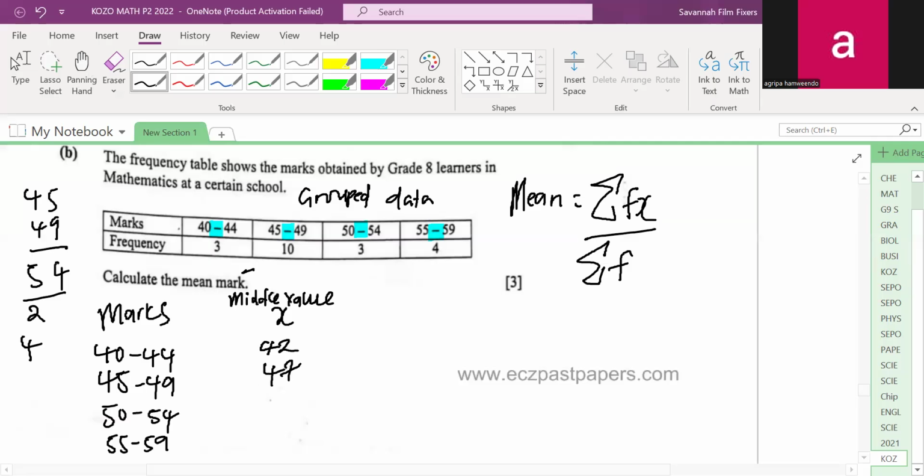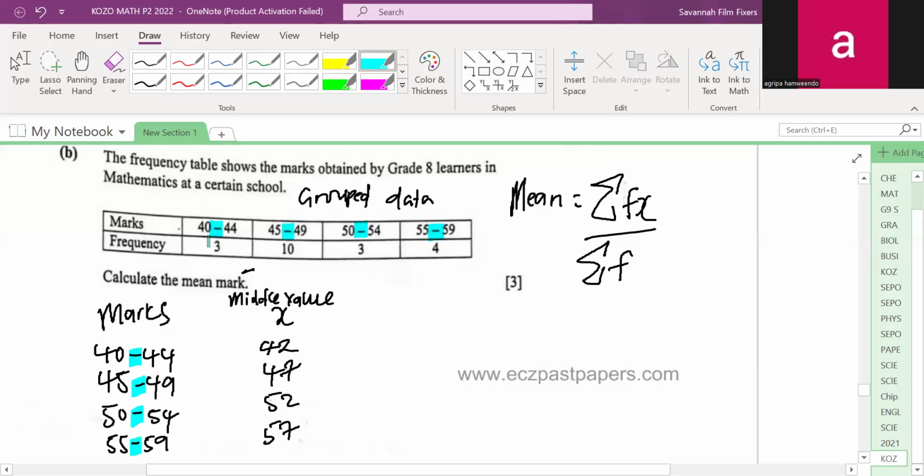So you first establish the middle value. So even here, you say 50 plus 54, then you divide by 2, you're going to get 52. Then here you're going to get 57. So at least we now know the interval of values. So you add them, you divide by 2.